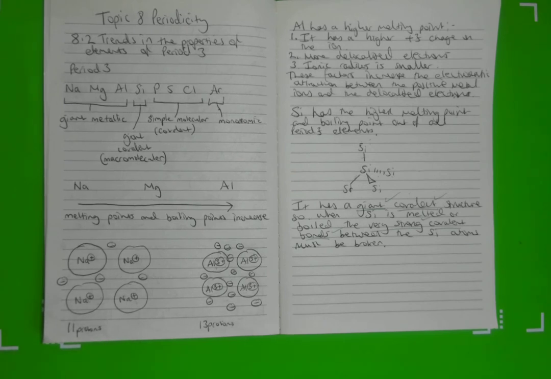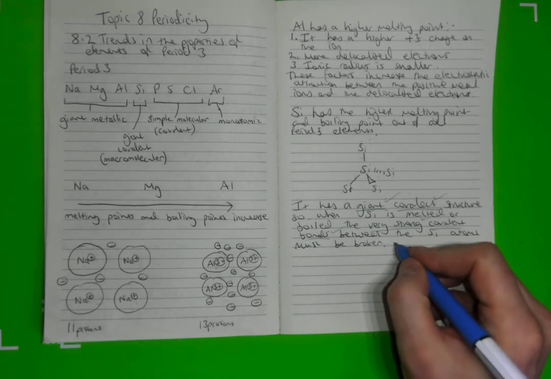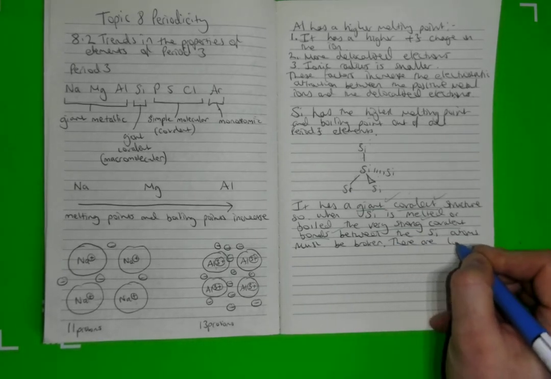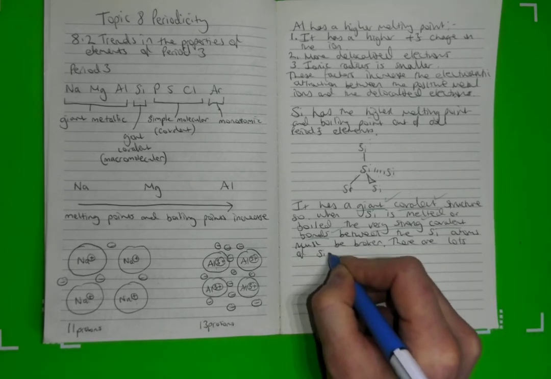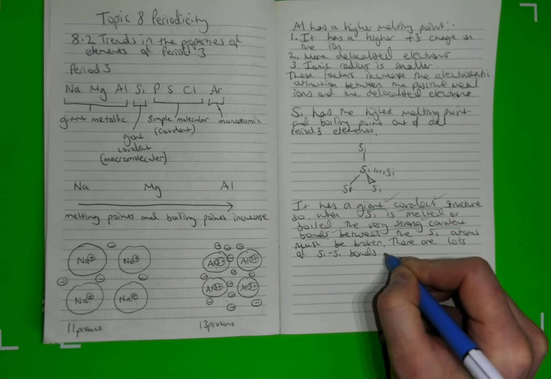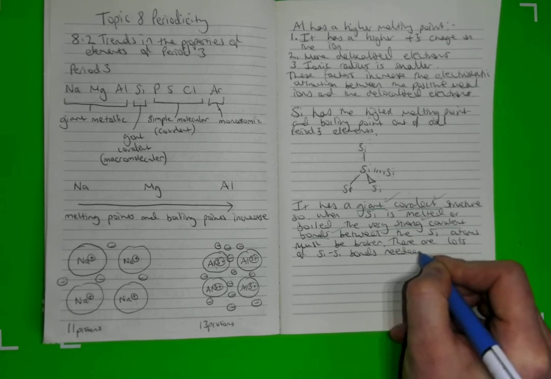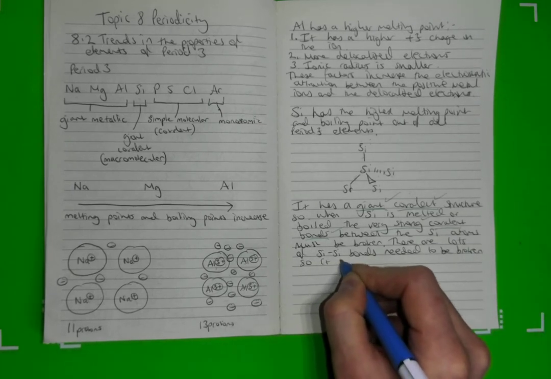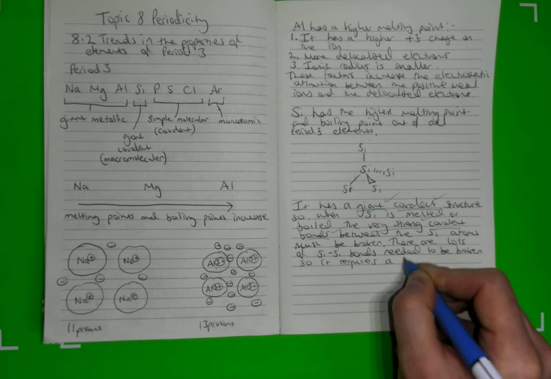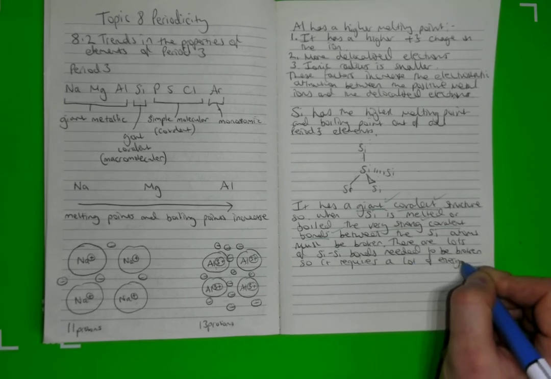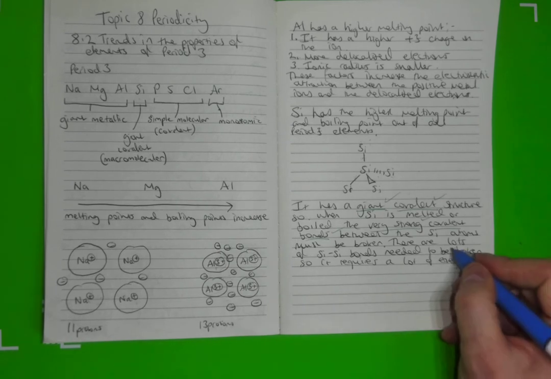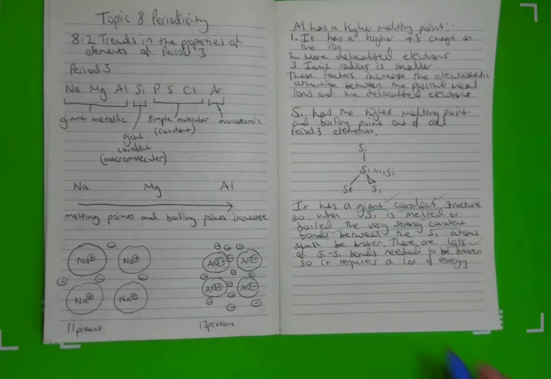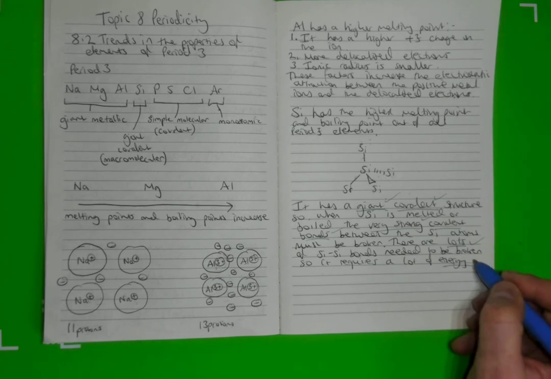But the fact that there are millions of these silicon covalent bonds that need to be broken, so it requires a lot of energy. So there are lots of silicon bonds to be broken, so it requires a lot of energy.